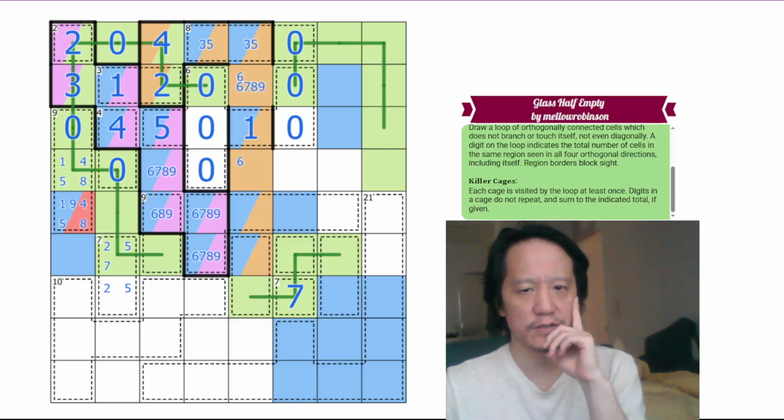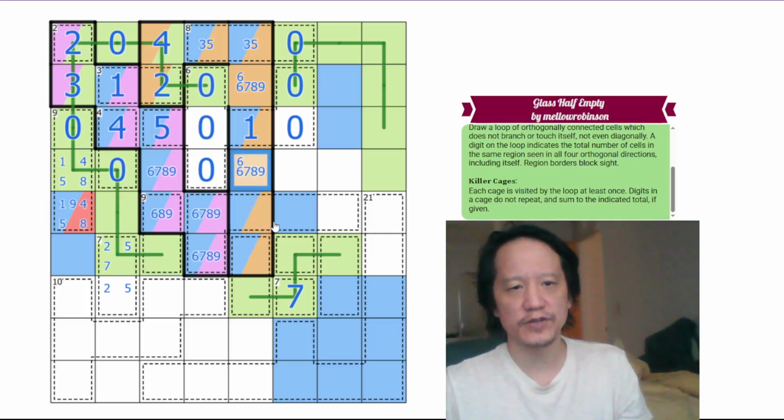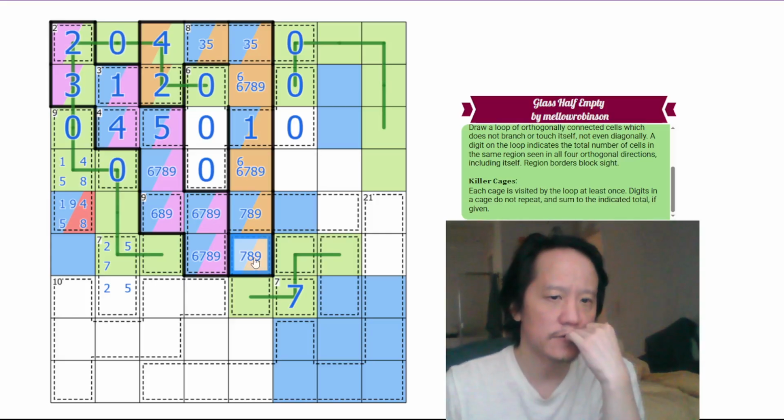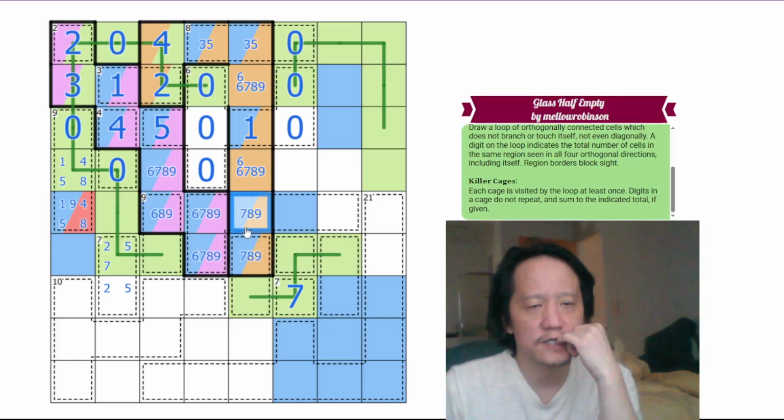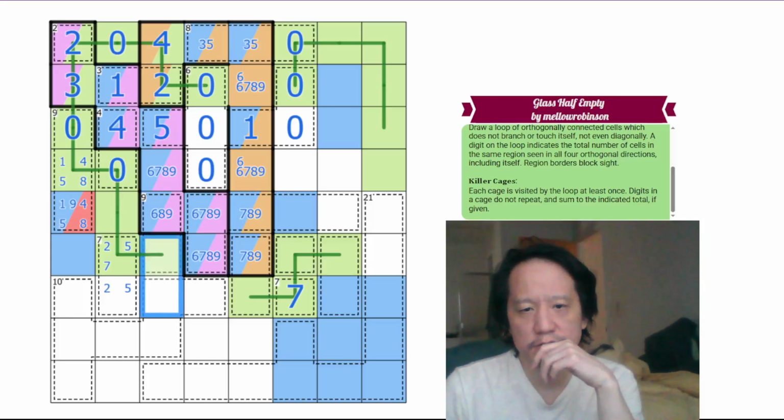Orange is done, so it's there. So this must be 6, 7, 8, 9. These are 7, 8, and 9 here. So this must go this way. We don't know if it exits out.